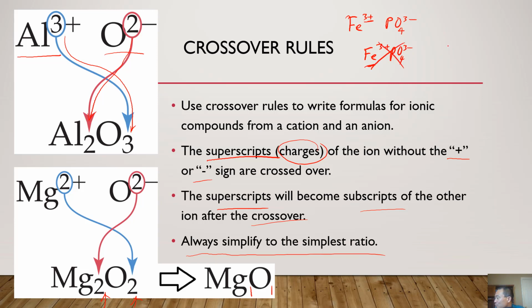Okay. So what you should be writing is, since we're going to cross this over, I'm going to rewrite this whole thing. I copied Fe only without the charges, and I copy PO4 as a whole unit. All right. So this number 3 goes to the right side. That's a number 3. Since PO4 is a group, you have to use parentheses.